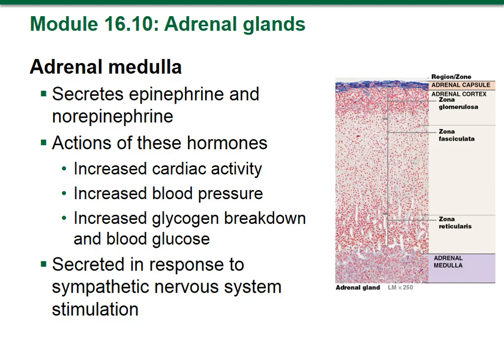Because all these things are going to make your body more efficient. It's going to send more oxygen to the areas it needs, more nutrients, more energy. And this is being secreted in response to the sympathetic nervous system stimulation. Again, remember, sympathetic and parasympathetic are kind of opposites when it comes to the nervous system.